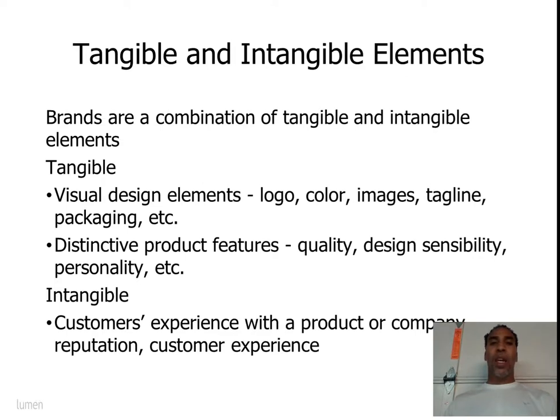If you see a can of Coca-Cola, you can recognize it from far away. You can also tell that it's McDonald's when you see the golden arches. It's distinctive product features, quality design, accessibility, personality.